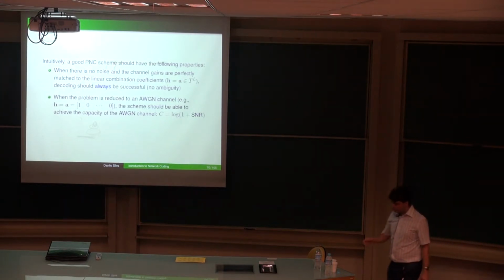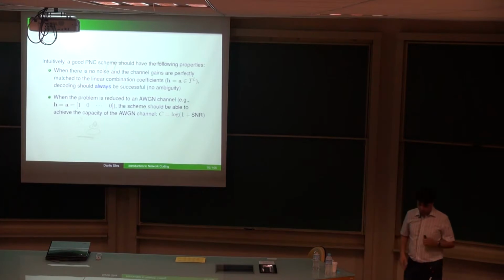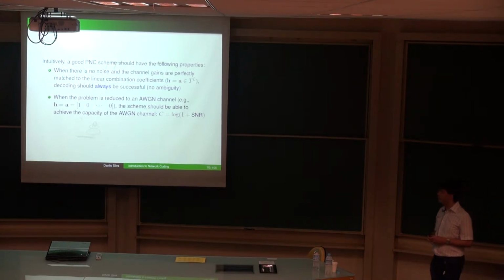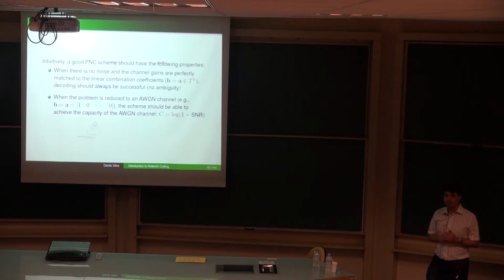So, as a preview of what would be a good solution here, it's intuitive to expect that a good PNC scheme will be able to resolve all the ambiguities if there's no noise and the channel gains are integers, right? When you use the coefficient vector equal to the channel gains, there should be no ambiguity, just as what we saw before.